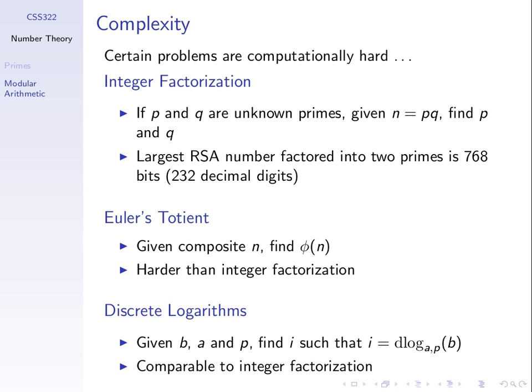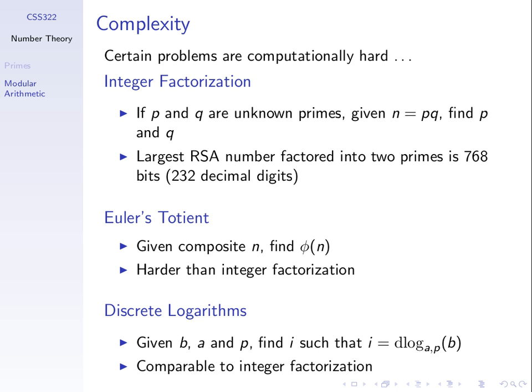Finally, finding the answer of discrete logarithms is computationally hard. If you know a and p, the base a, the modulus p, and b, find i. Then again, if the numbers are large enough, finding out i will take too long. It cannot be solved. In terms of difficulty, it's about the same as integer factorization.